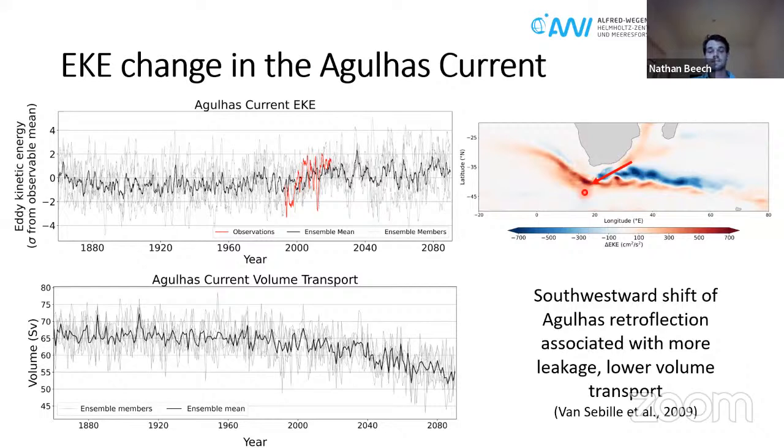And that's something that's associated with more Agulhas leakage, which we just saw. It's also associated with lower volume transport, so less water moving through the Agulhas current. And again, we double check that with the model data set, and that's exactly what we find: water moving through this current is projected to get less by the climate model.